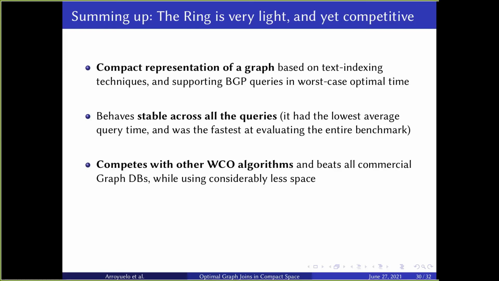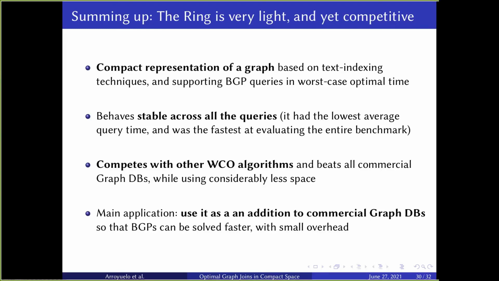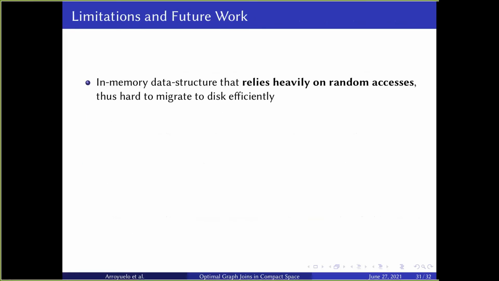Not only can it compete with other worst-case optimal algorithms, but it beats, in all the queries of the benchmark, all the commercial graph database systems. And this is precisely where we envision the main application of our graph representation, to use it as an addition to commercial graph databases so that they can solve BGP queries faster with a small overhead.